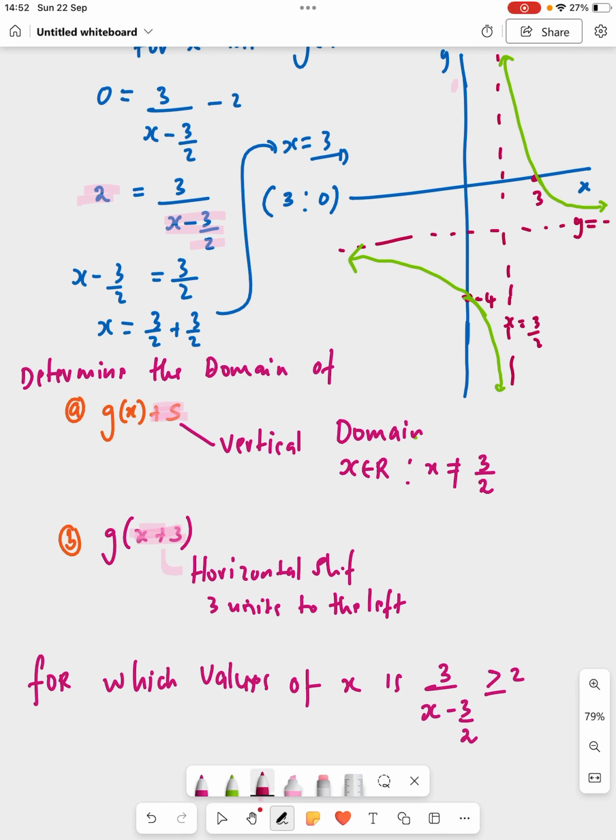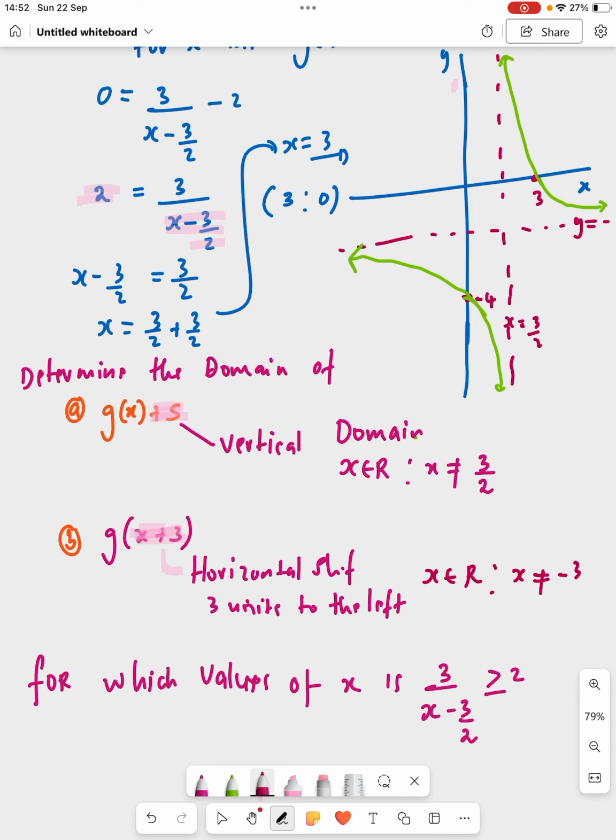So our domain will be now, x is an element of all real numbers, but x is never equal to. So let's shift our asymptote to the left. So we are going to say 1.5, which is the same as 3/2. When we move to the left, we just say -3, and then we get negative 1.5, which is negative 3/2.